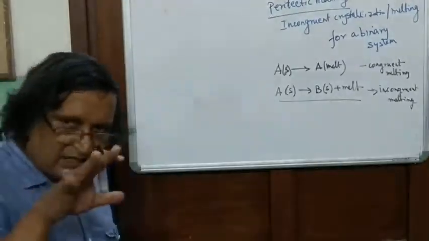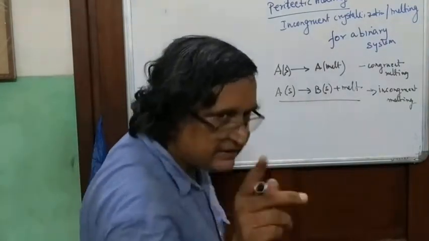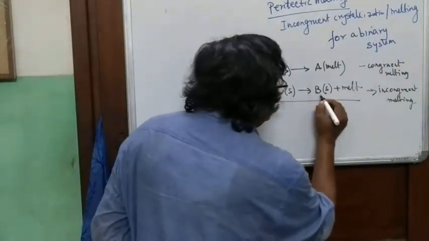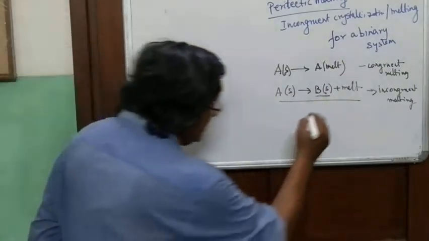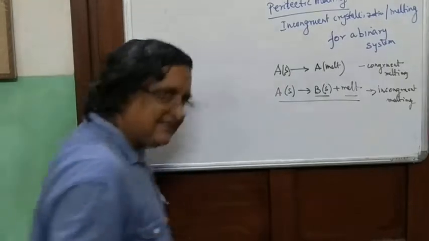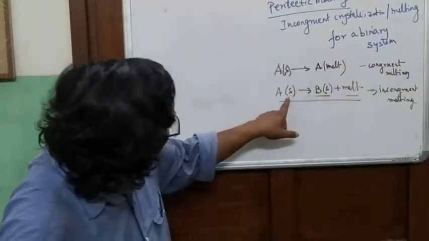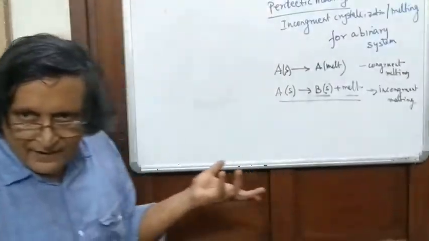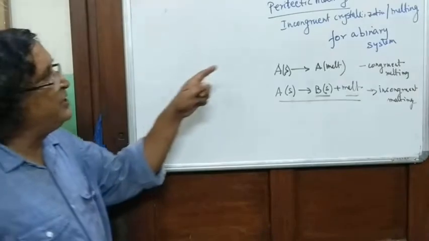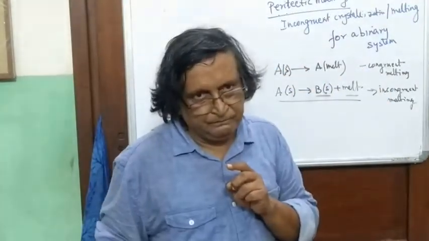But you can have another situation where if you take a solid and melt it, you will have a new solid and a melt. But this time, the composition of the melt and the composition of the solid has to be different. That's the difference between congruent melting and incongruent melting.